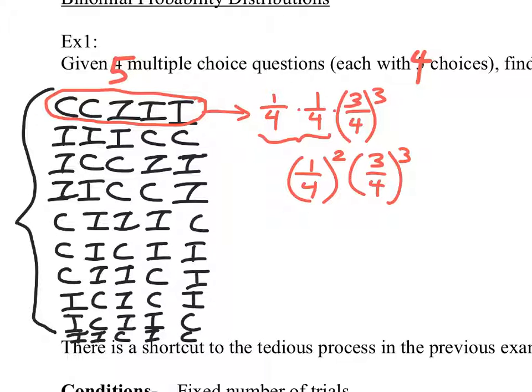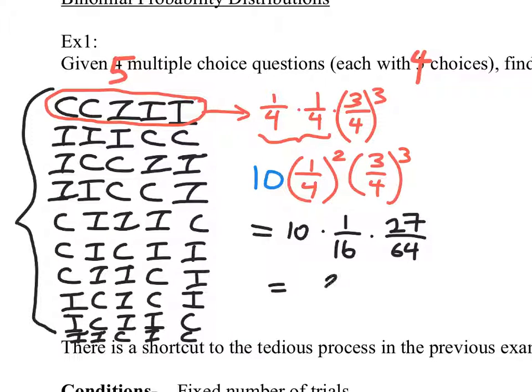Now, if I take that 10, the number of different ways in which you could have 2 correct and 3 incorrect, and multiply it by those fractions, I get my actual probability. So 10 times 1/16 times 27 over 64. So 270 over 512?